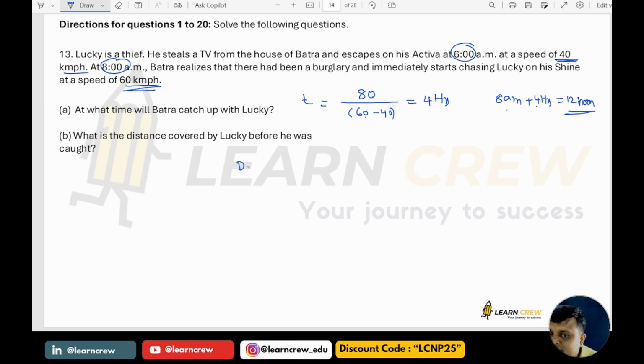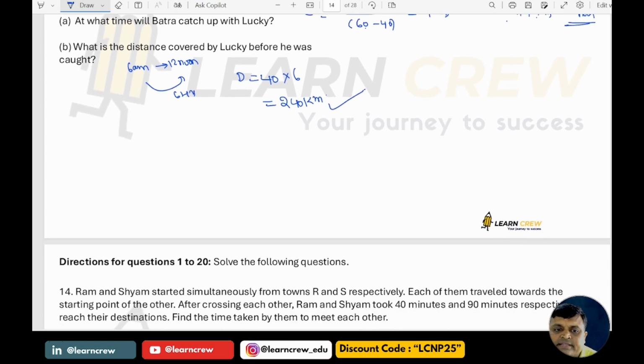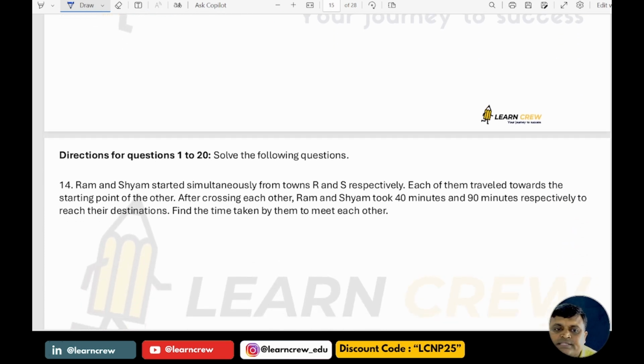The distance covered by him in how much time? 6 a.m. to 12 noon, which is 6 hours. In 6 hours, with a speed of 40, he can cover 240 kilometer. So 240 kilometer is the distance covered by the thief Lucky. Right?